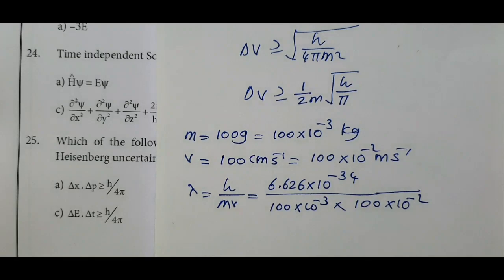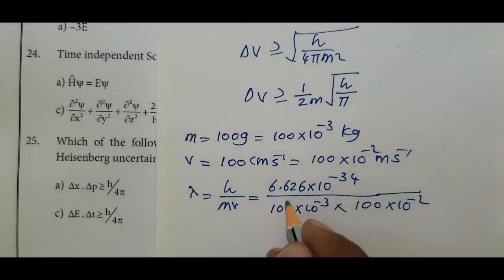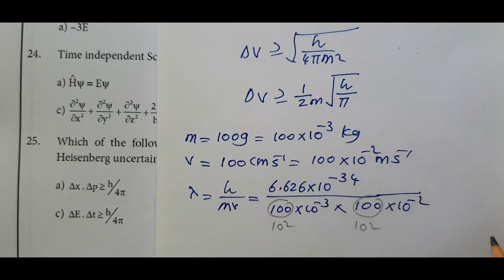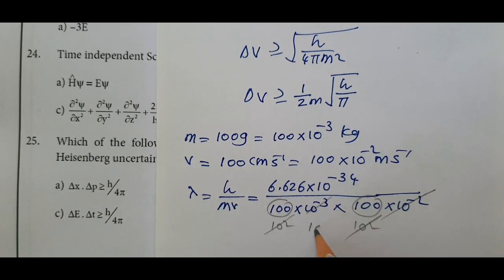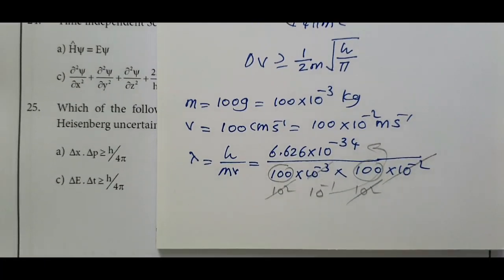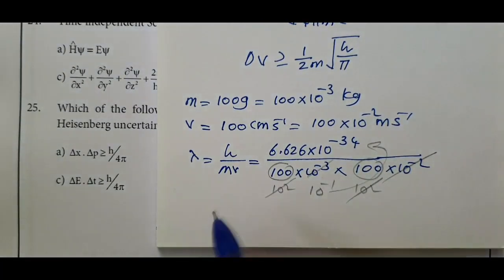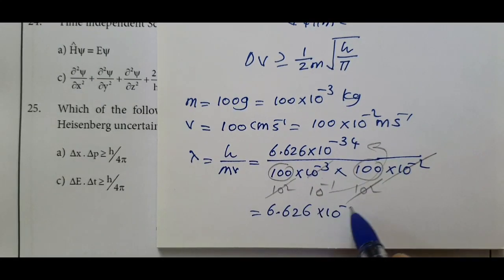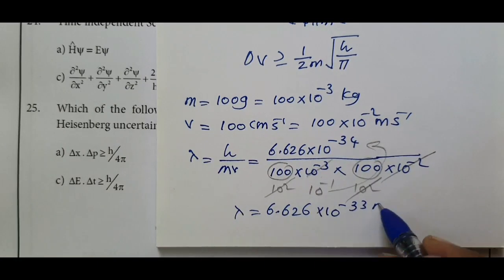When we solve, 100 is nothing but 10 power 2. 10 power minus 2 and 10 power plus 2 get cancelled. 10 power minus 2, 10 power minus 3 equal to 10 power minus 1. When we bring it to the numerator, it becomes 10 power 1. Therefore, the answer is 6.626 into 10 power minus 33 lambda in meter.